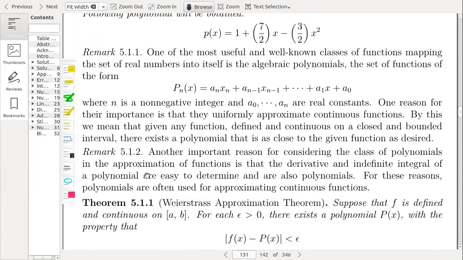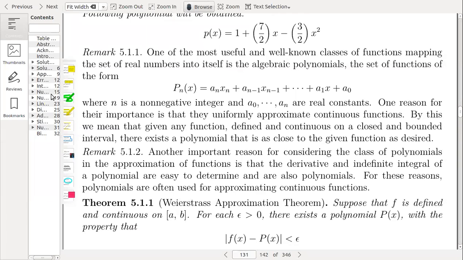Remarks: another important reason for considering the class of polynomials in the approximation of functions is that the derivative and indefinite integral of a polynomial are easy to determine and are also polynomials.